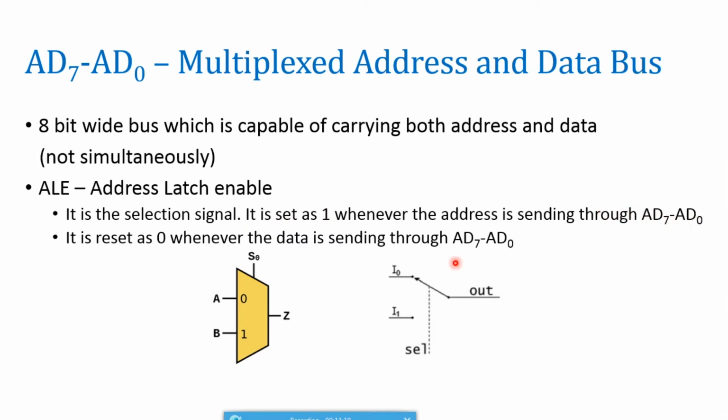If data is being sent or received through the bus, the signal is set to 0. So by checking ALE, the 8085 can understand at any time whether address or data is going through the bus. This is a very important 2-mark question: what is the purpose of ALE? This is a very important concept.